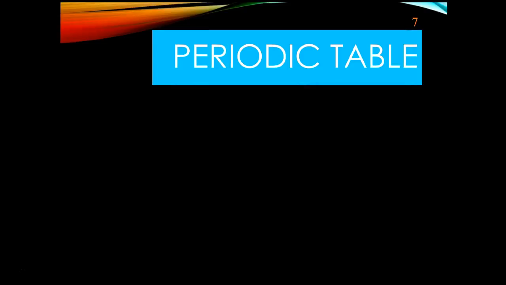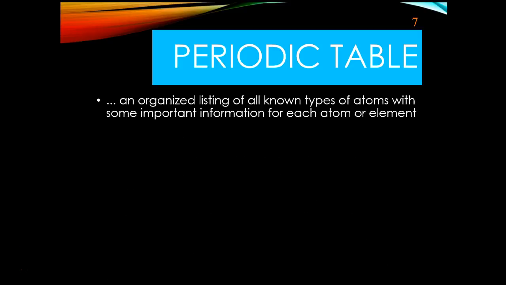So the periodic table, what is it? I'm sure most of you have seen one before. Well, it's a periodic table of all of the elements that have been found in nature. And the nice thing about this listing of these elements and atoms is that it gives us some important information about each one of them. Most of them will tell you the mass number.